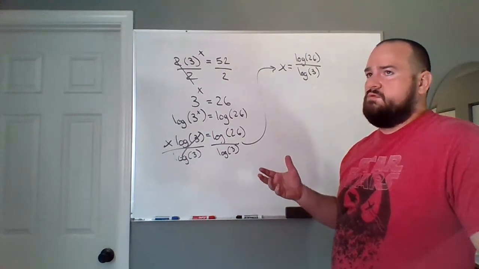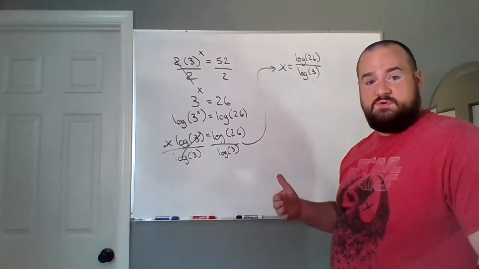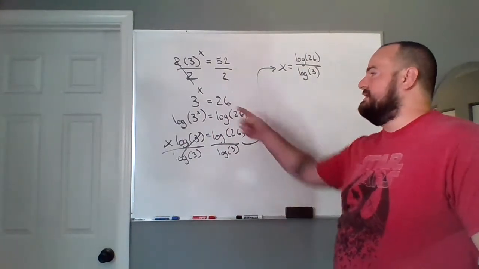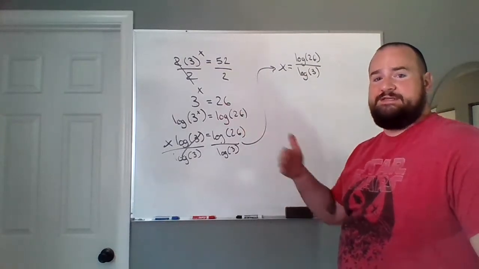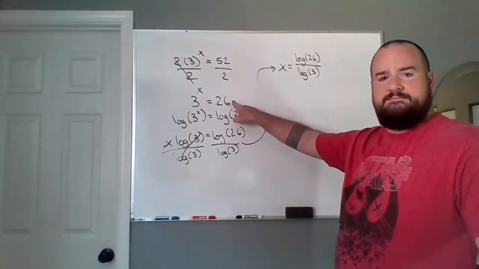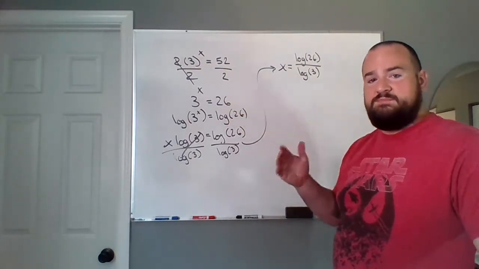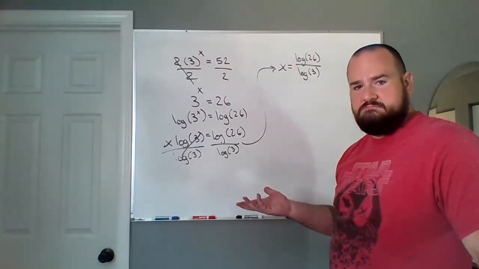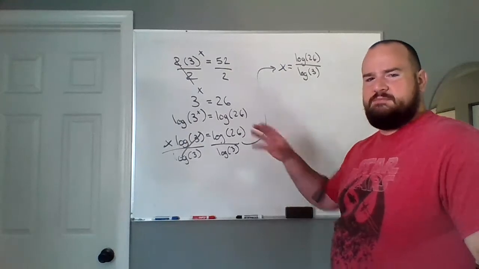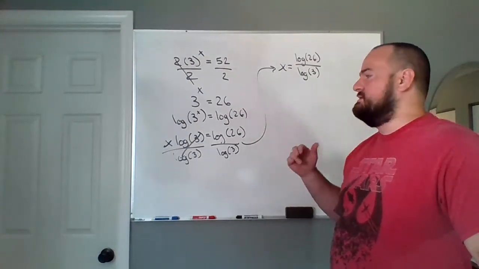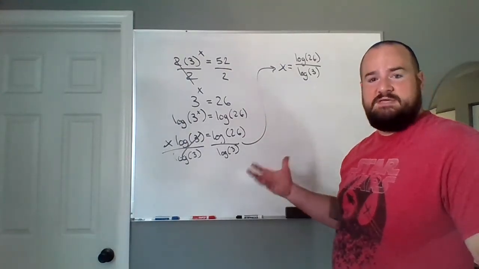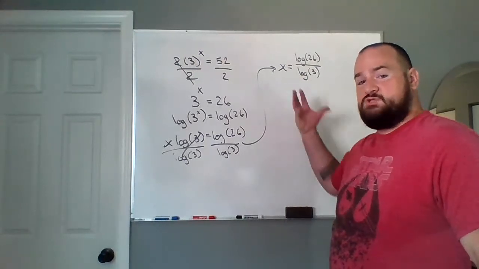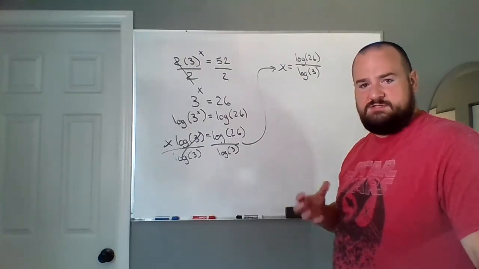So 3 squared is 9. That's not big enough. 3 cubed is 27. That's too big. So that means this x value should be somewhere between 2 and 3, closer to 3. That's just using some ideas of what we have number-wise to make an educated guess and to check our answer without really doing any rigorous checking.